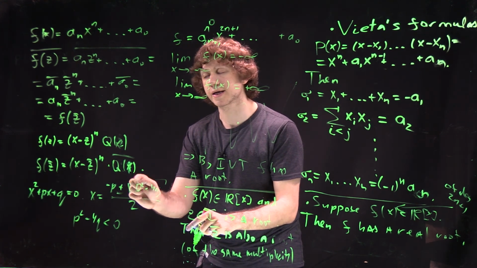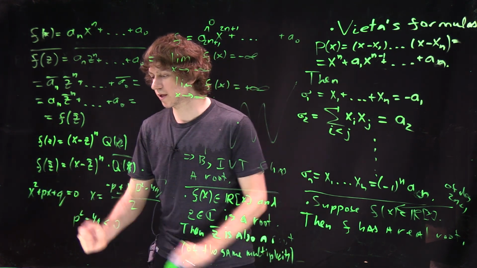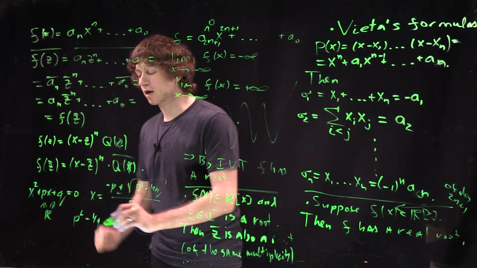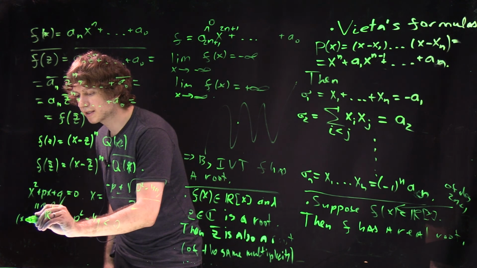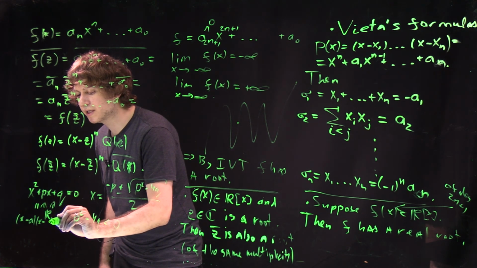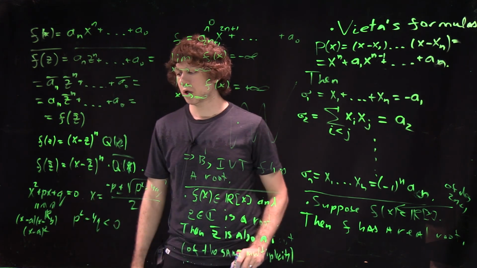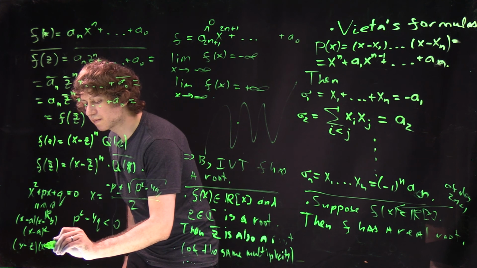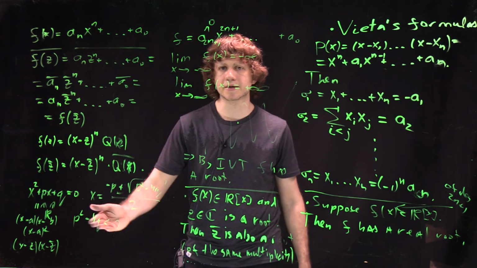And so a polynomial with real coefficients of degree 2 either has two different real roots, like x minus a times x minus b, or maybe x minus a squared, which is just a double root, or it is a product x minus z times x minus z bar for some complex number z and its conjugate.